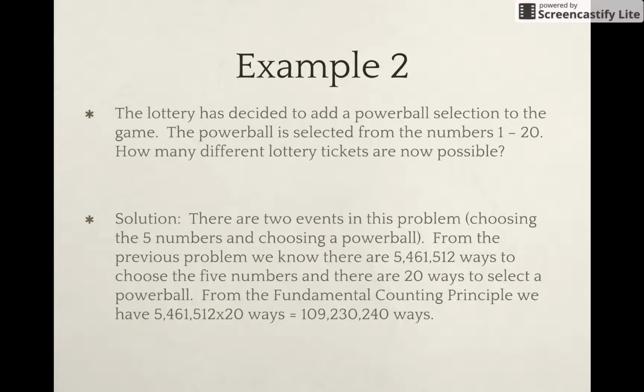And we know that there are 20 Powerball numbers, 1 through 20, so we're going to select one of those 20 ways to get a Powerball. The fundamental counting principle will put it all together for us. We will multiply the number of ways to select 5 numbers times the number of ways to select our Powerball, and that results in 109,230,240 ways.